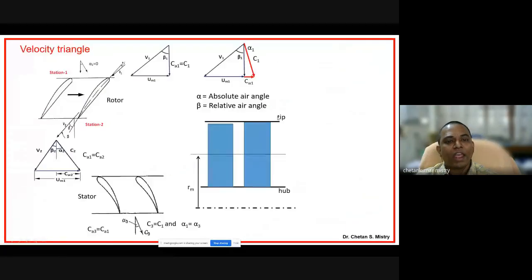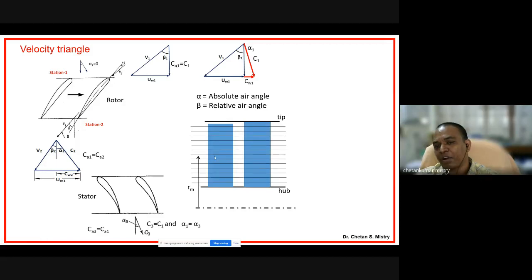Okay. Now, in line with that, just try to understand, this is your conventional stator-rotor combination at the midsection. If I put these lines, all these lines are showing the aerofoils.